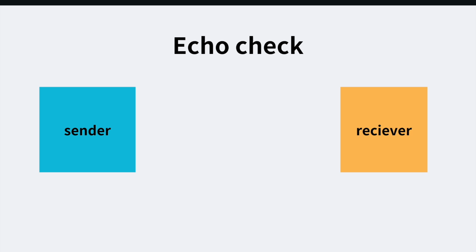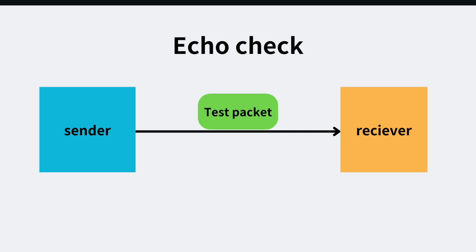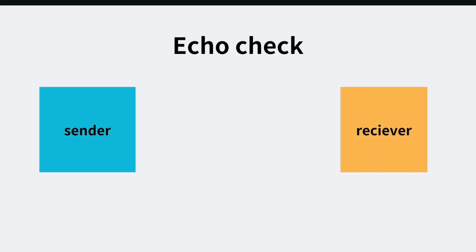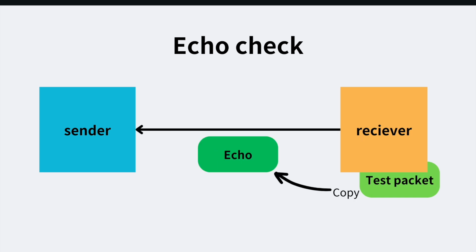And let's talk about the last way, echo check. In echo check, the sender sends test packets to the receiver at the beginning. Then the receiver copies the test packets and sends them back as an echo to the sender.